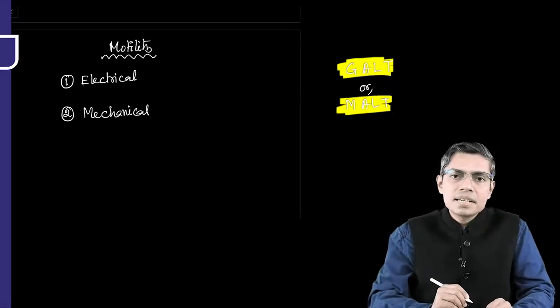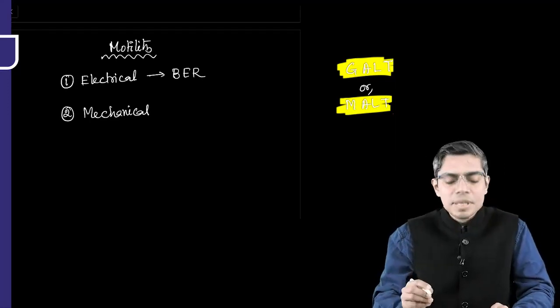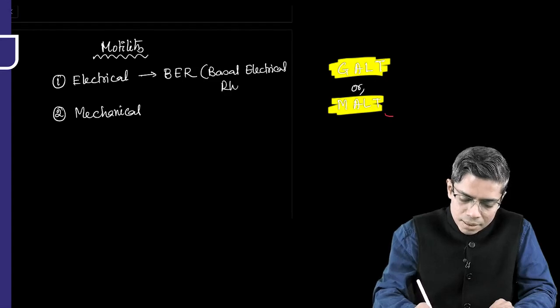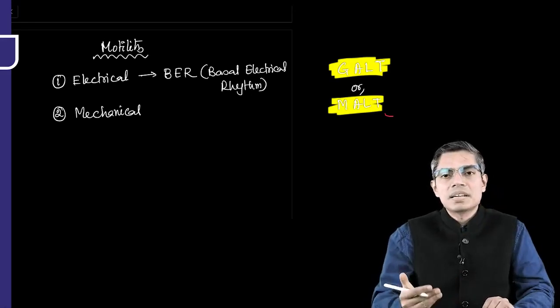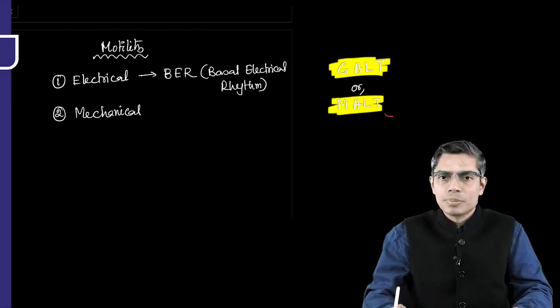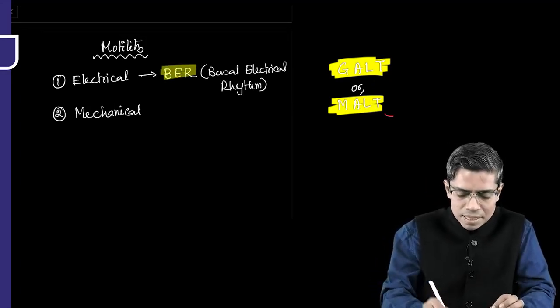Under electrical motility of the GIT, we are going to discuss BER. BER stands for basal electrical rhythm of GIT, or basic electrical rhythm of GIT, right? This is an electrical activity in the GI smooth muscle. We are going to discuss in detail this basal electrical rhythm.